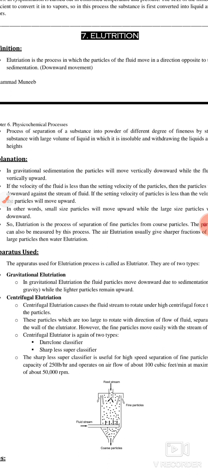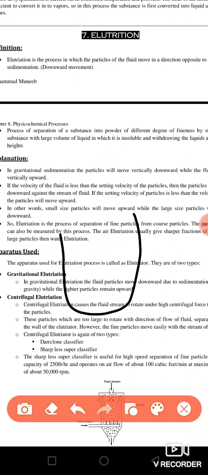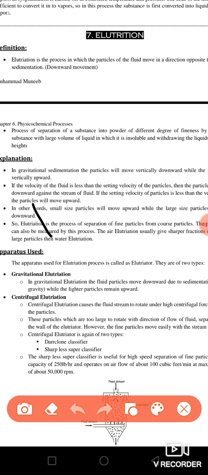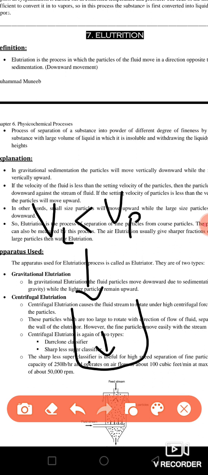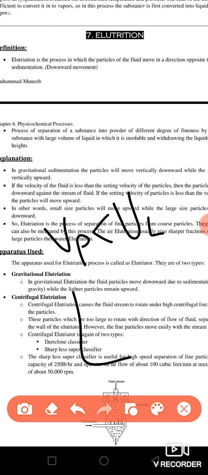And if the velocity of the particle is less than the velocity of the fluid, then the particles will move upward. Now they are explaining the velocity of the particle as well as the velocity of your fluid. If the velocity of the liquid, let me write V for velocity, is less than the velocity of the particle, then your particles will move downward and start settling at the bottom. The opposite case: if the velocity of the particles is less and the velocity of the liquid is greater, then your particles will start moving upward. In this way, you can separate them.